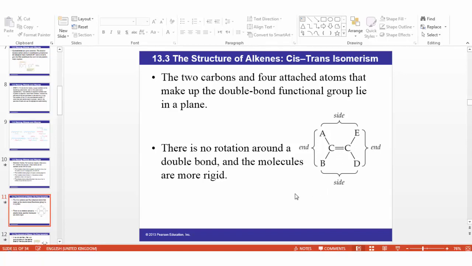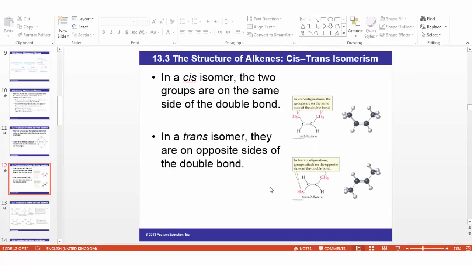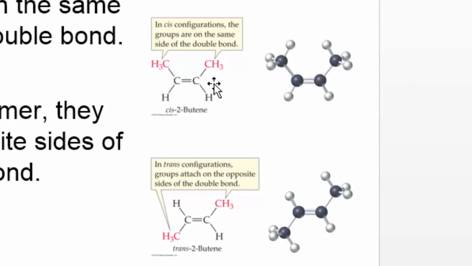It's rigid. Now, if we have this example, a butene, 2-butene, and if you put it in a straight chain way, it is called 2-butene. But if you draw the alkene in this way, and the 2 methyl groups are on the same side of the double bond, this is called cis, which means together.